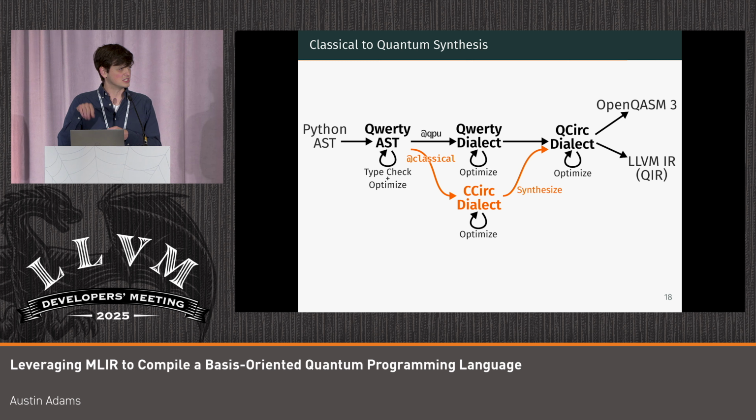We do some classical digital logic optimizations on it, because this is a bitwise dialect. And then from that, we synthesize a quantum circuit. That process is basically a reimplementation of the Tweedledum library from EPFL, which is a very nice tool, but it's not maintained.